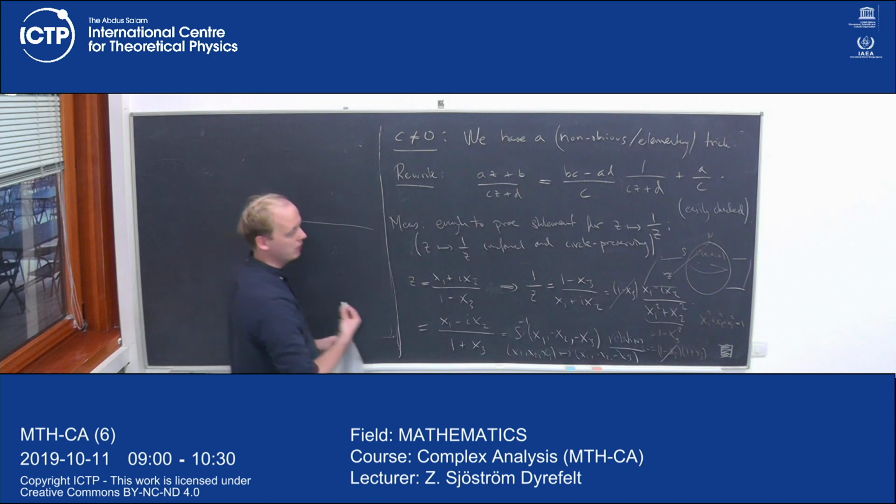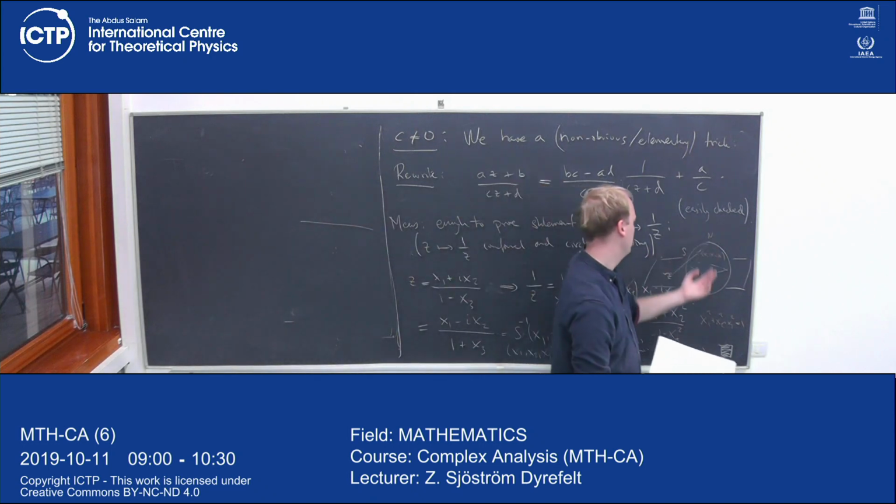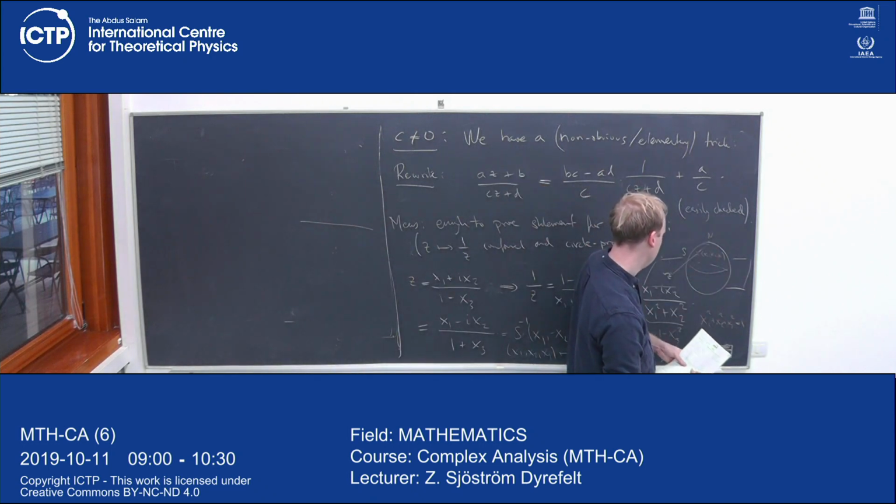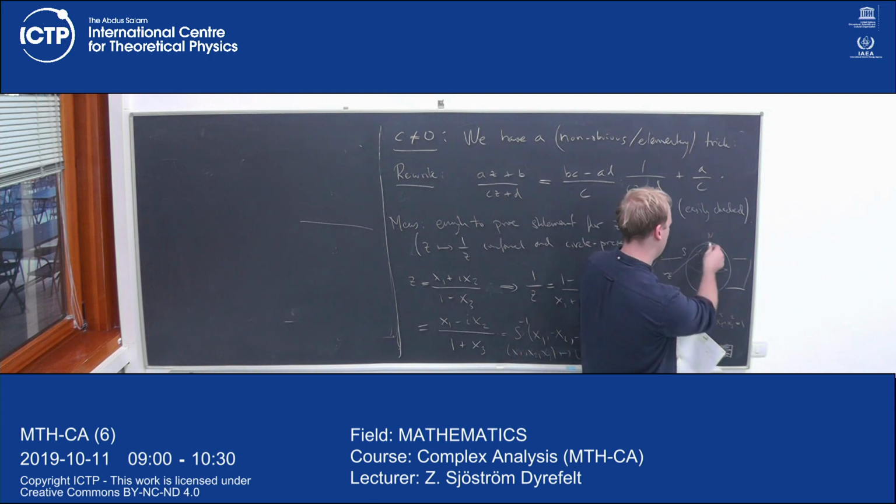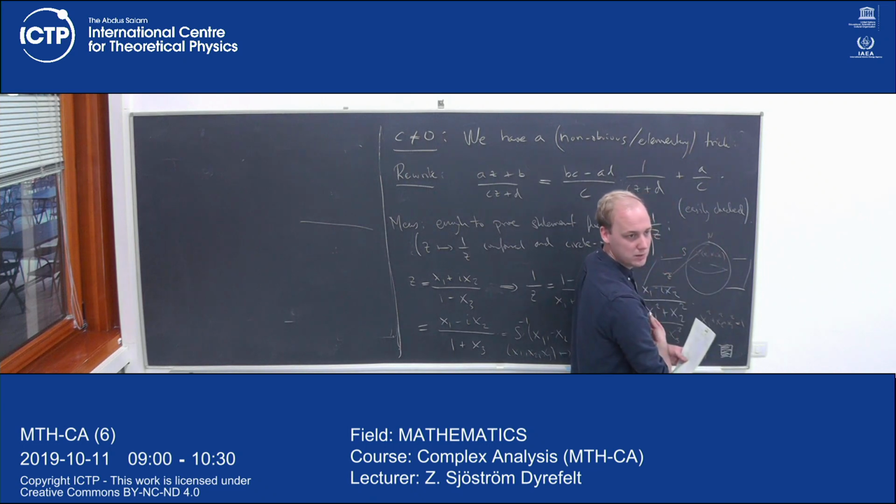So for example, if I am at the North Pole, then I just have to go to the South Pole, and if I am somewhere else, I just rotate 180 degrees around the x1 axis.